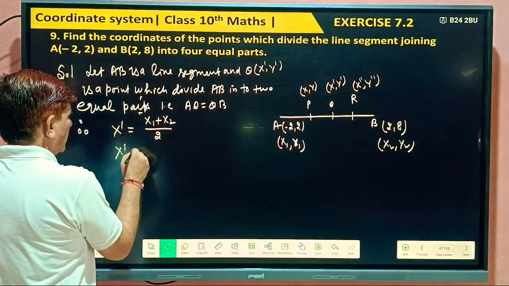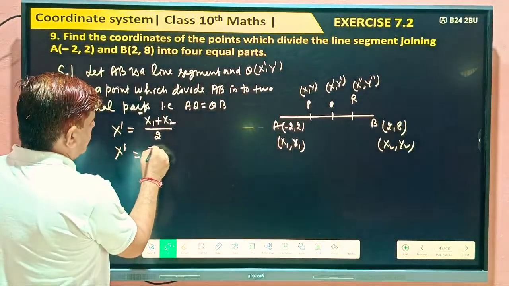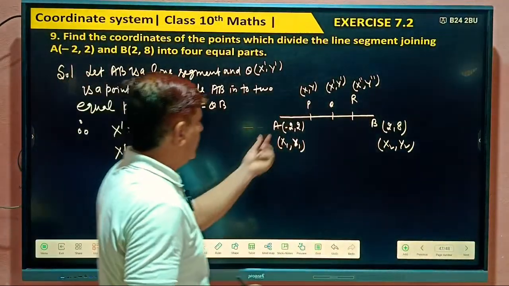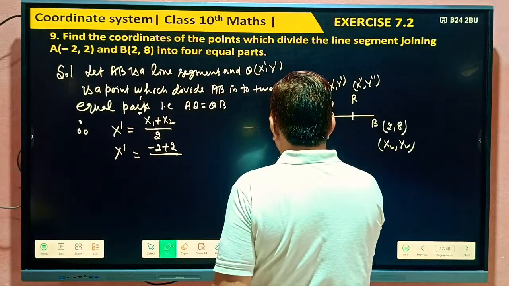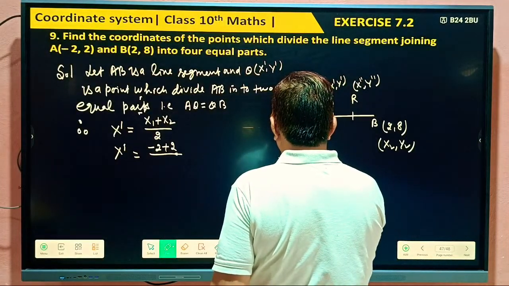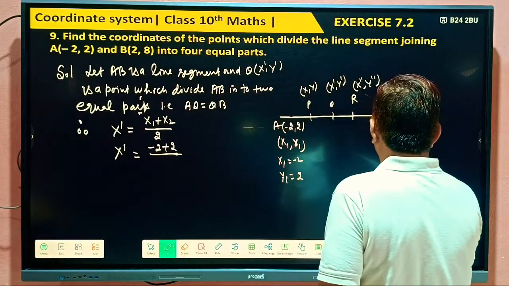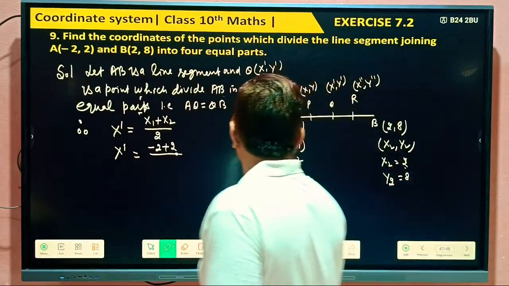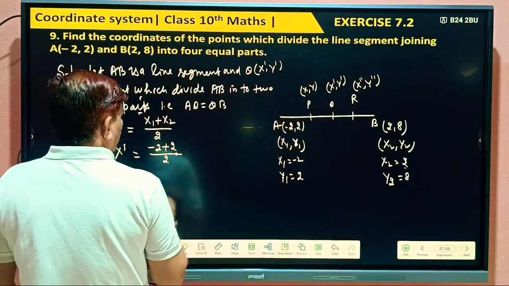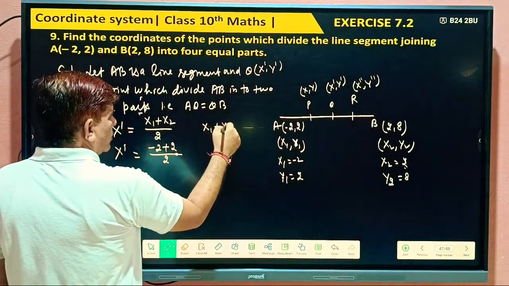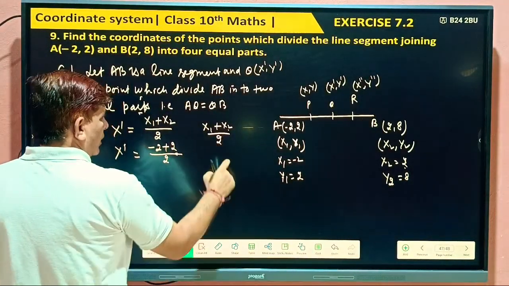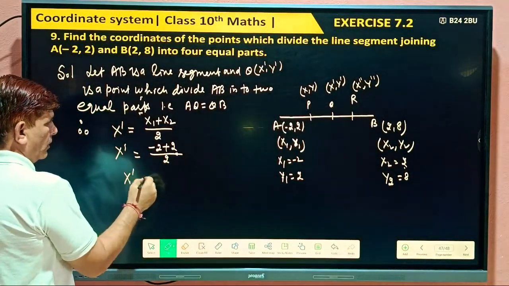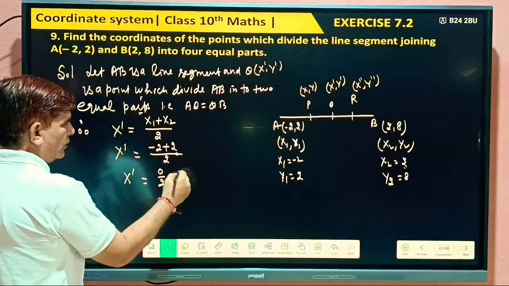So x dash is equal to minus 2 plus 2. x1 is what here? Minus 2. y1 is 2. x2 is 2. y2 is 8. So minus 2 plus 2 by 2. The formula is x1 plus x2 divided by 2, so I applied it here. So x dash equal to 0 by 2, which is 0.